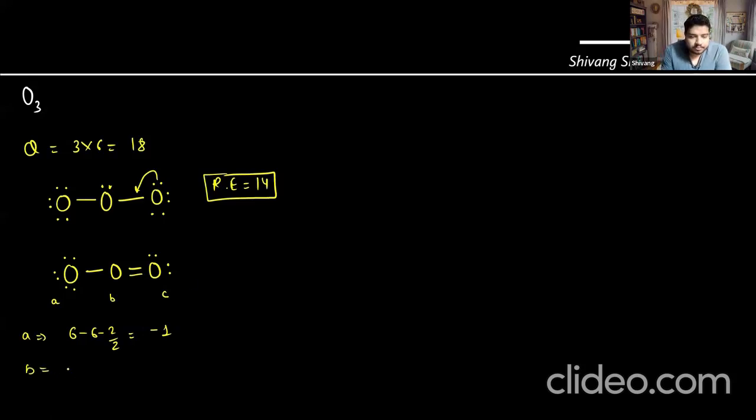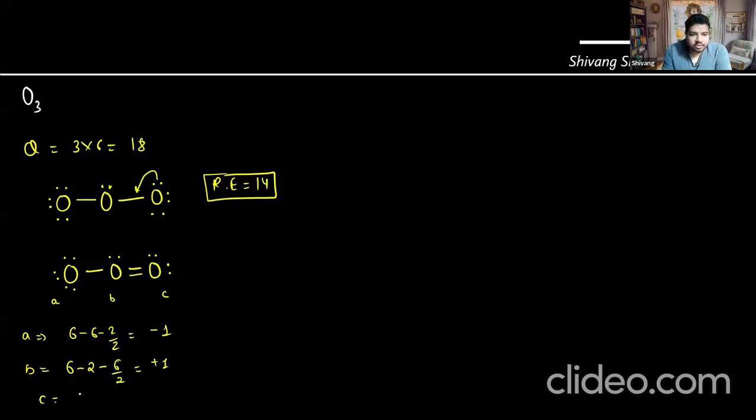For B, there's a lone pair here. For B would be 6 minus 2, where 2 are the non-bonding electrons, right? And then the bonding electrons are 6 over 2. So that would give you plus 1. Central oxygen will have a charge of plus 1.